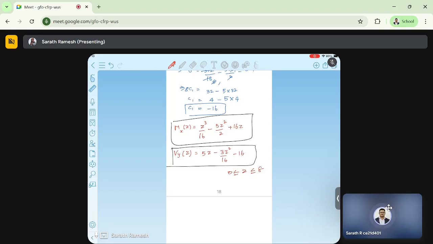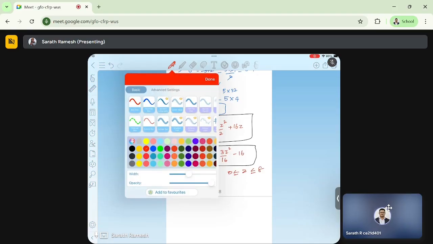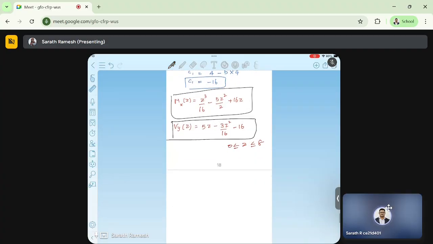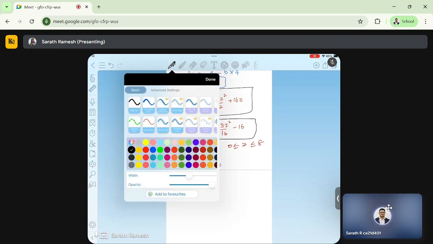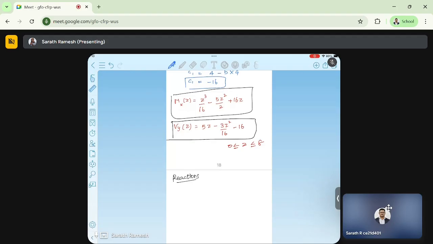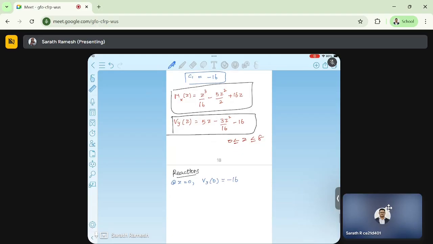Fine. Now what about the reactions? If you do the reactions at z equal to 0, my Vy of 0 will be minus 16 kilonewton.